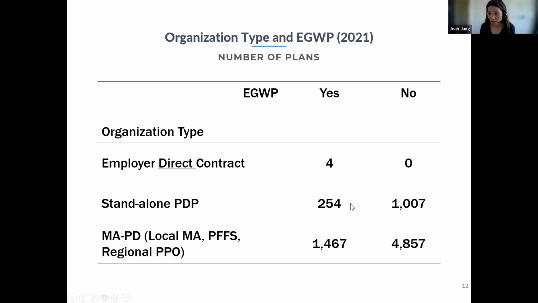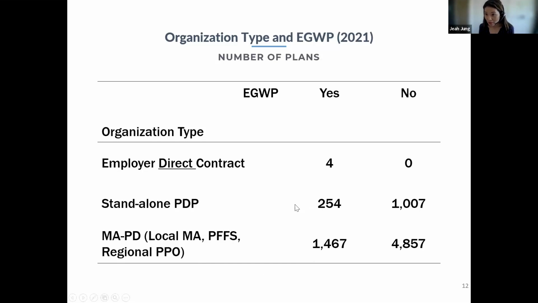So SXXX, but still it's an EGWIP, and this is HXXX, and it's still an EGWIP. EGWIPs are still employer-sponsored plans, right? Starting with E is just the employer direct contracts.